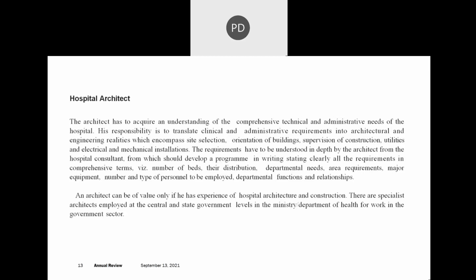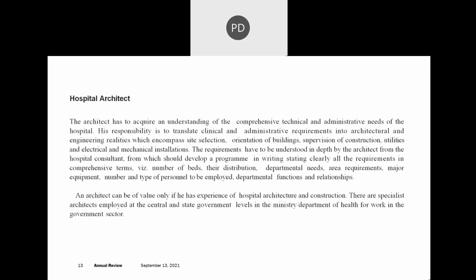Here, where does his main decision making happen? In the site selection. Okay, so while we took care of the need and all, and we also understood the need and demand of the area, now he will be identifying which site to be selected for the hospital. So we will have the architect for site selection, and orientation of the building.